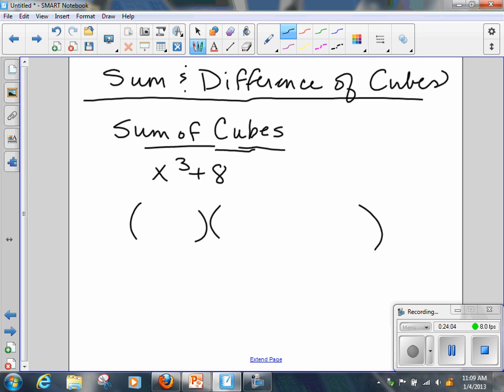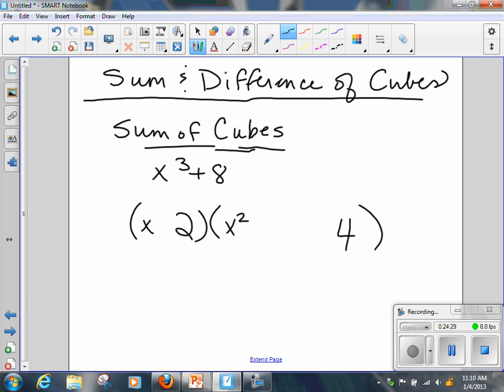Everybody, x. What is the cube root of 8? Everybody, 2. Now, how do we get the first term? This term squared is what? x squared. You may want to watch this if you need to refresh your memory. This term squared is what? 4. It goes at the end.